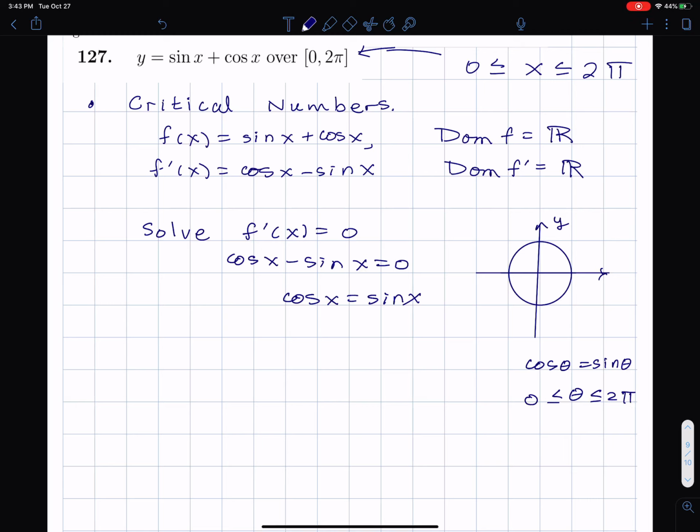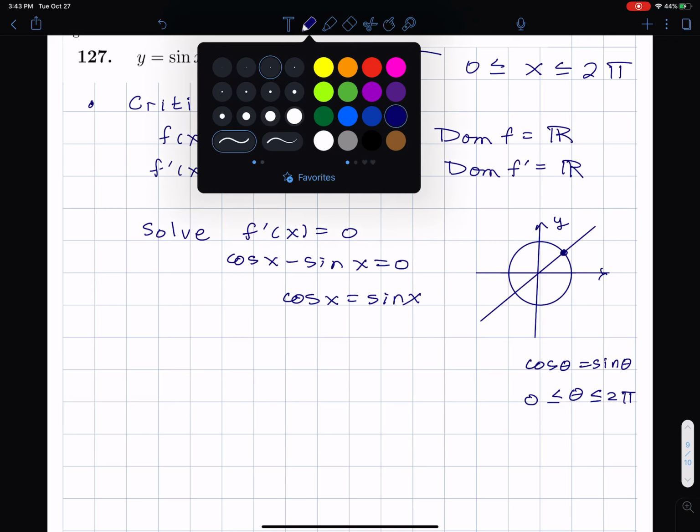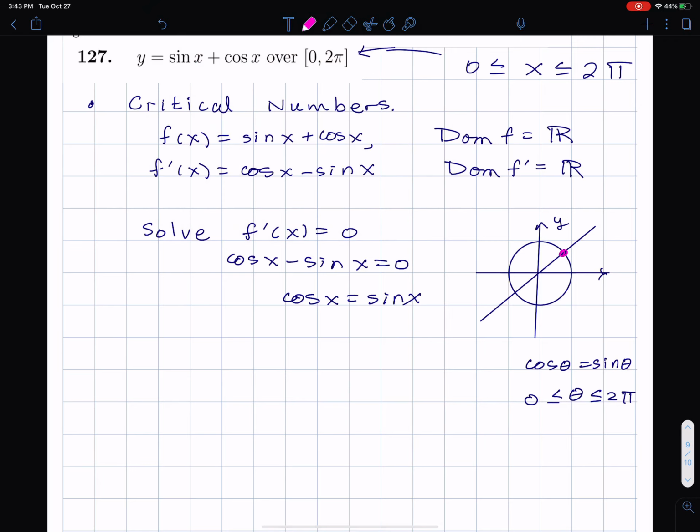Now, given cosine theta equals sine theta, cosine is the x-coordinate and sine theta is the y-coordinate for a point on the unit circle. Now what we can see is where that would happen. We can just look at this, but we should have some familiarity with the unit circle. We can see at these points, which maybe I'll put in a brighter color, that the x-coordinates would be the same.